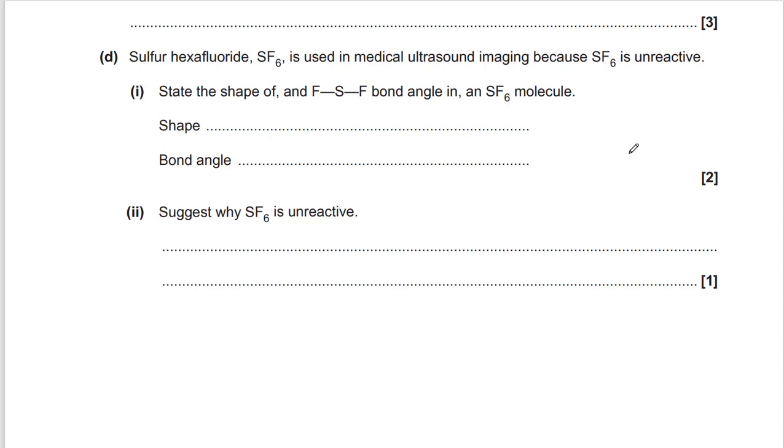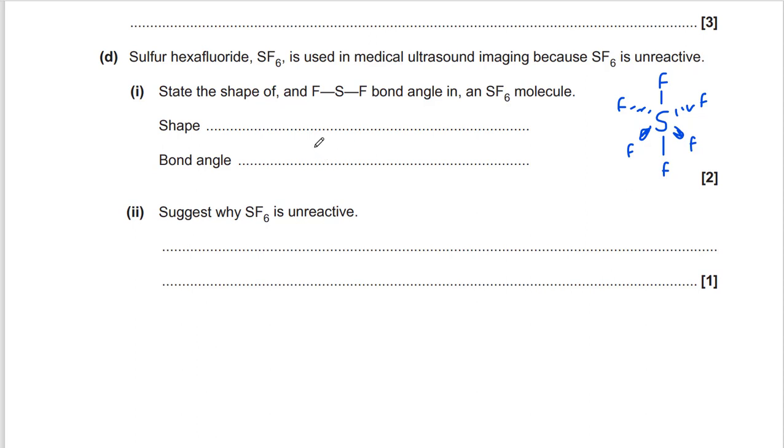So SF6 is octahedral. This is almost the go-to octahedral molecule at AS level. 6 fluorines around the sulfur. It's got 6 bonding pairs of electrons that all repel each other equally.